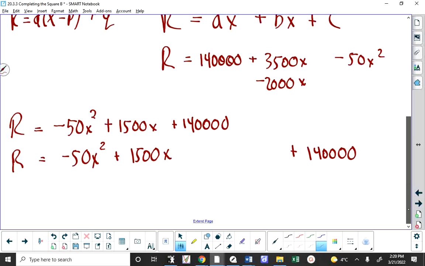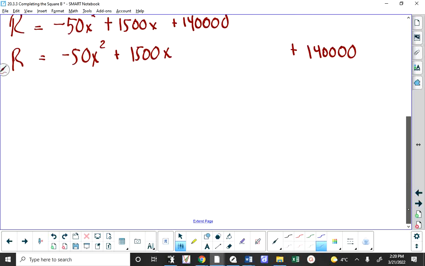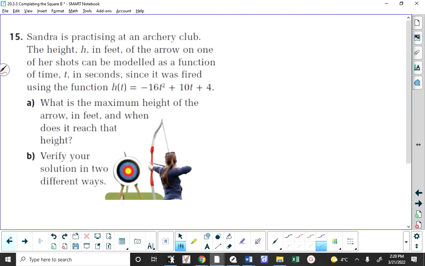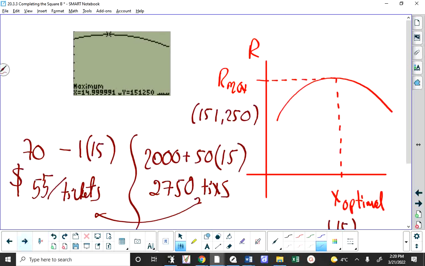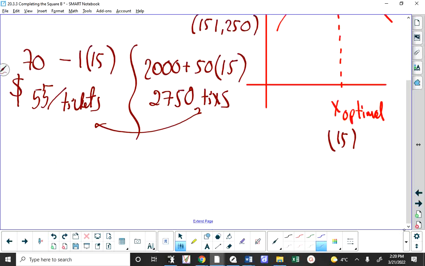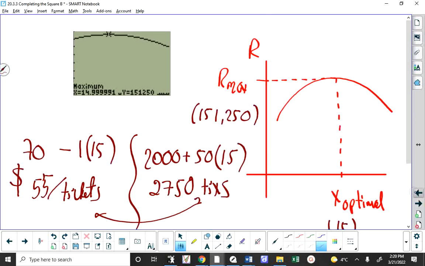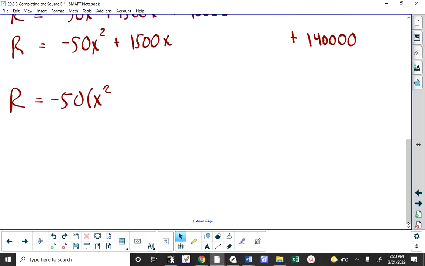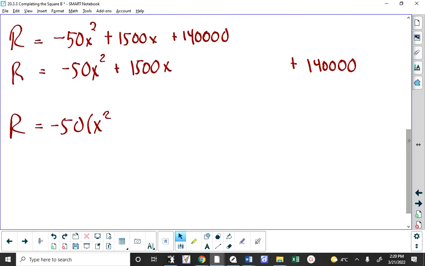Now what we're going to do is say that I cannot add a number to make it a perfect square trinomial, which is part of the process of completing the square, until I have a 1 in front of the x squared.